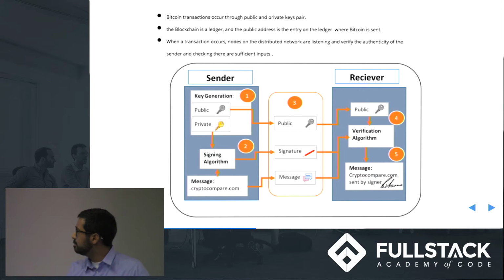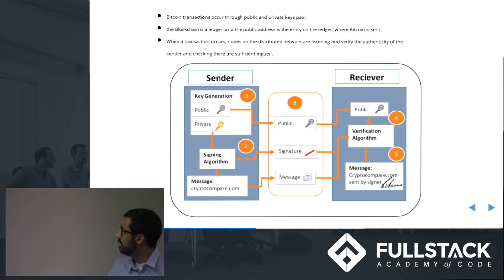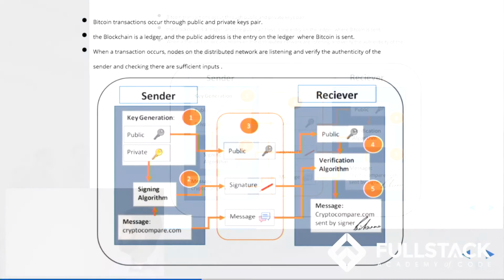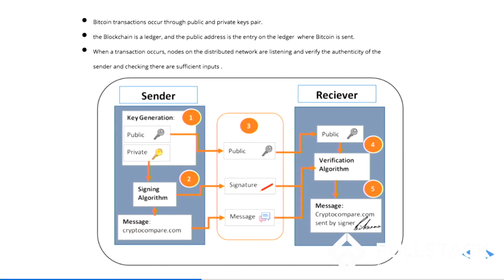So how does Bitcoin work? As I mentioned, the blockchain is a transaction ledger, and Bitcoin transactions occur through a public and private key pair. So there's an address on the blockchain ledger, which is the public key. That's the public address that receives inputs.